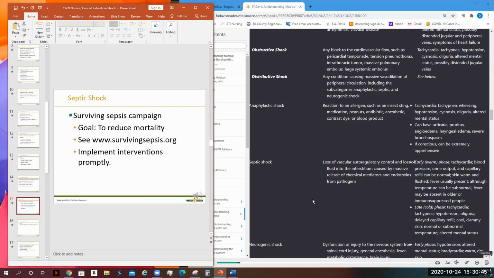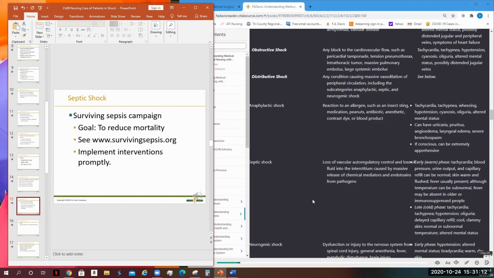Urine output and capillary refill can be normal. So you may have normal blood pressure, urine output, and capillary refill. The skin may be warm and flushed. Fever is usually present, although temperature can be subnormal, and fever may be absent in older or immunosuppressed people.